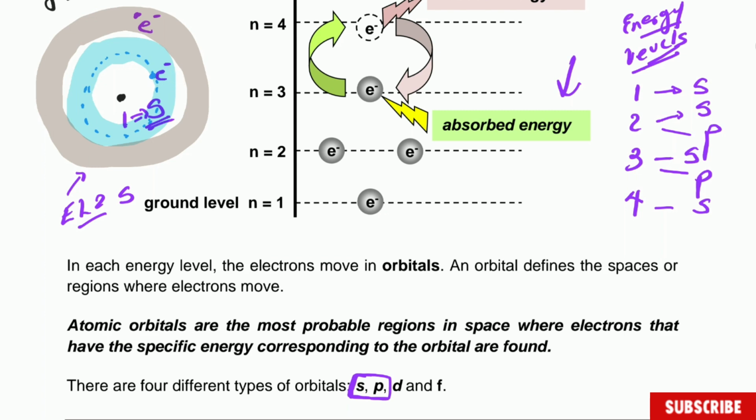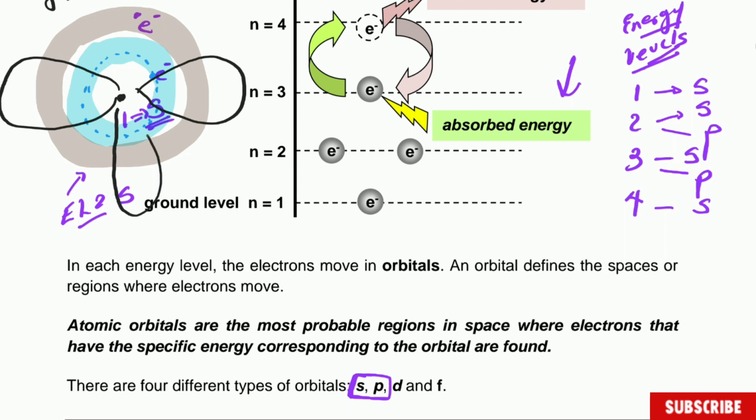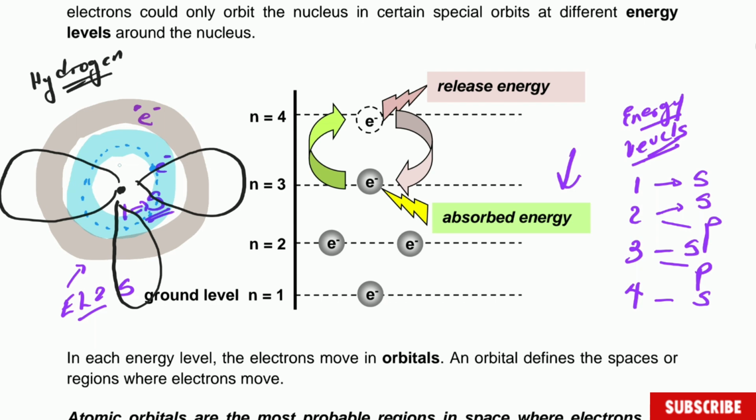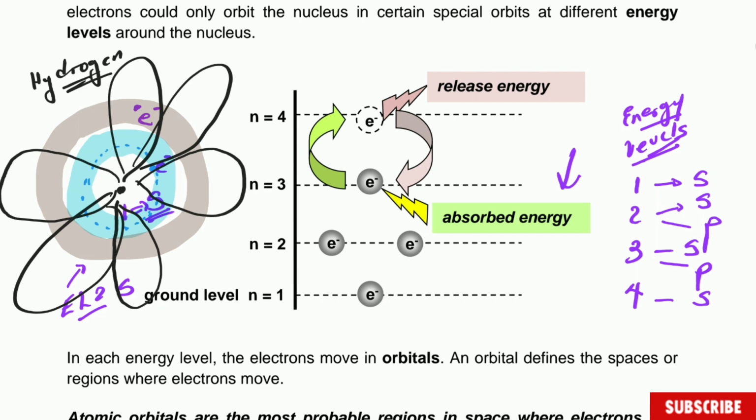The orbital p will look like a shell, something like this, in which the electrons could probably be at that specific point, somewhere there. Orbital p is in 3 dimensions as well, so it's going to be there, or let's say here, like this, or even here like this. So that will be how the orbitals will look.